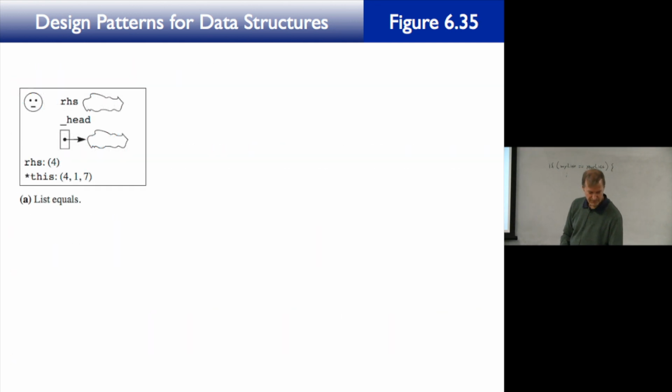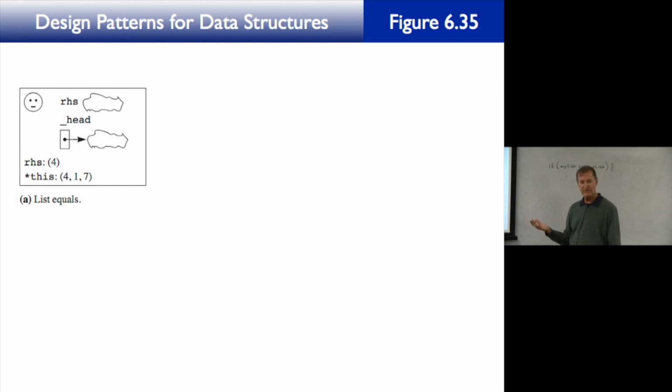So look, what I've done here is, no code, but here's what the code has to do. If we can understand what this code has to do, then we can program it. So check this out. This is a trace of my list dot equals your list, where my list is 4 1 7 and your list is 4. Now obviously in the end, are these lists going to be equal?